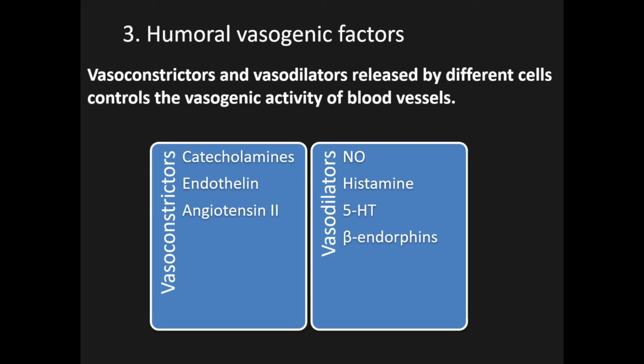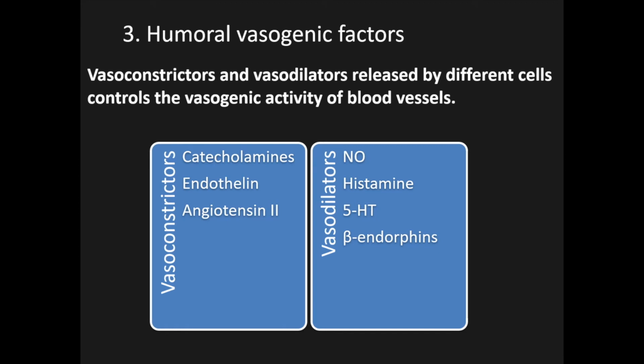The vasodilators include nitric oxide, histamine, 5-HT or 5-hydroxytryptamine, which is also known as serotonin, and beta endorphins. These factors act on blood vessels, leading to widespread alterations of vasogenic activity and causing microcirculatory disturbances.